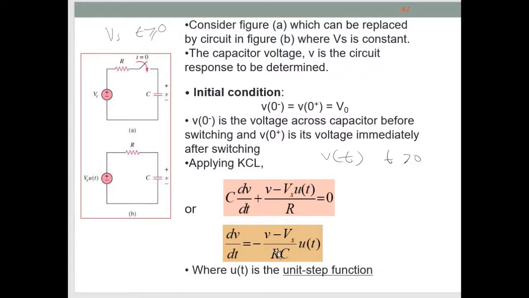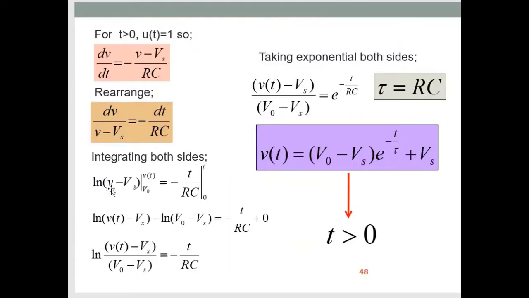We continue the differential step and integration, and finally we get the purple box equation: Vt equal to (V0 minus Vs) e to the negative t over tau plus Vs. Vs here is the voltage source that exists in the circuit, and tau here is RC, and this is the condition when t is more than 0. Okay, this is just the derivation step to get the purple box equation.